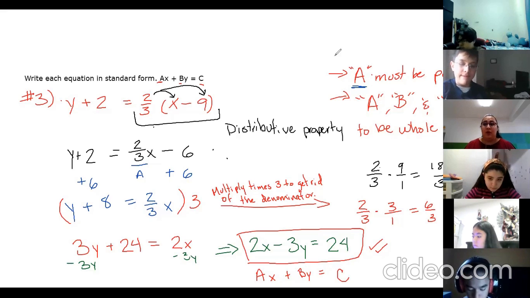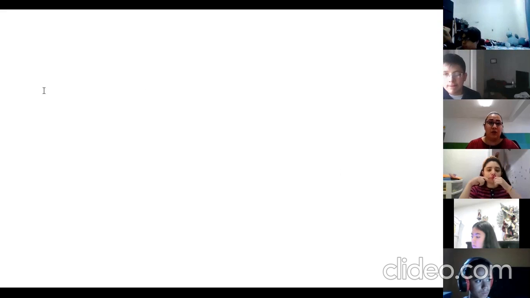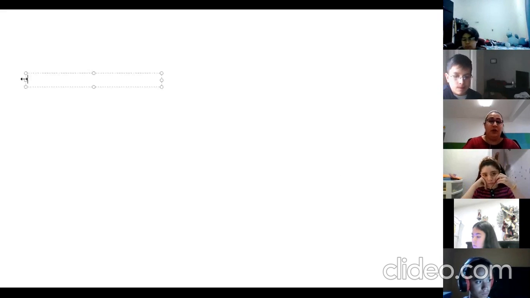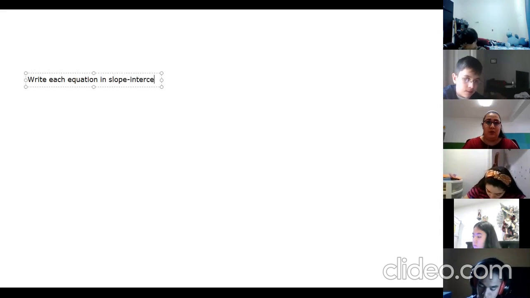Okay. Now, the second section here, guys, has to do with writing equations in slope-intercept form. All right, so we have to write each equation in slope-intercept form, okay?